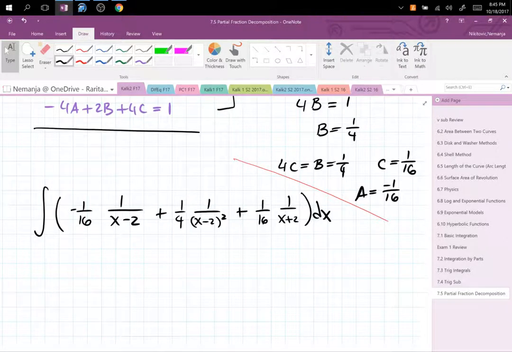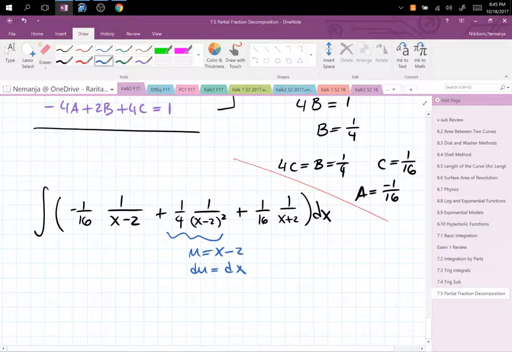The first and the last term are easy because that's just a basic ln. The one in the middle, what do I do here? Thank you, basic u sub. U equals x minus 2, du equals dx, and we get the integral of 1 over u squared, or du over u squared, which gives us, I hate arrows and I still put arrows, negative 1 over u plus c.